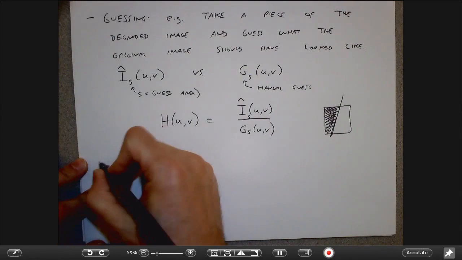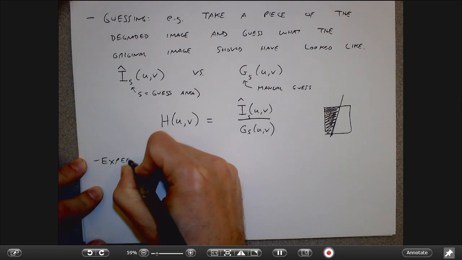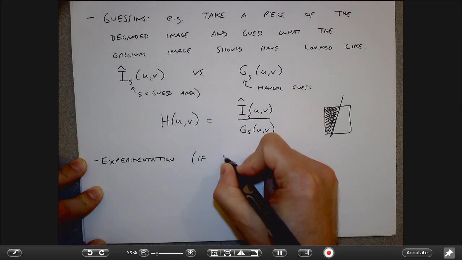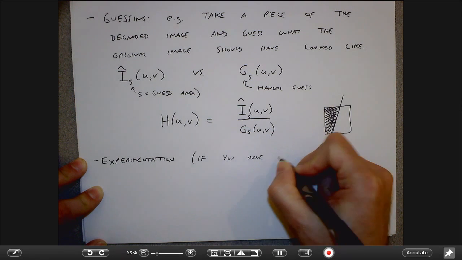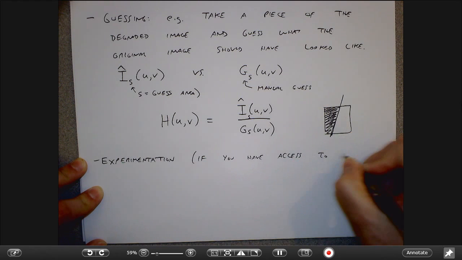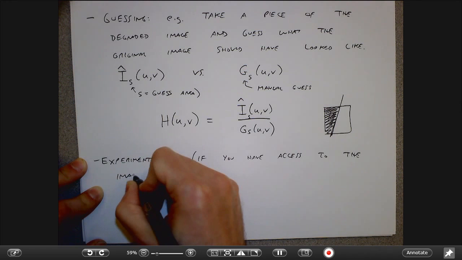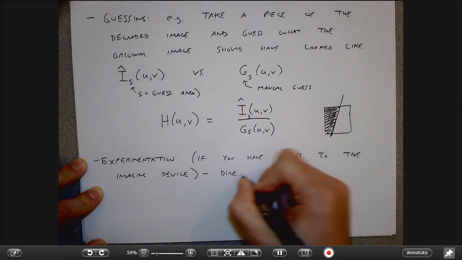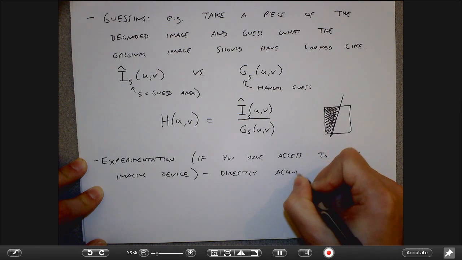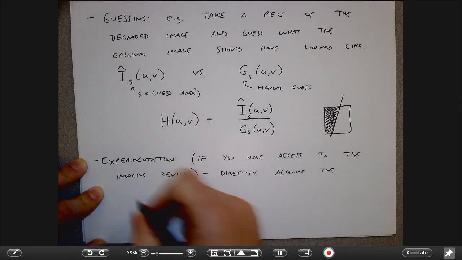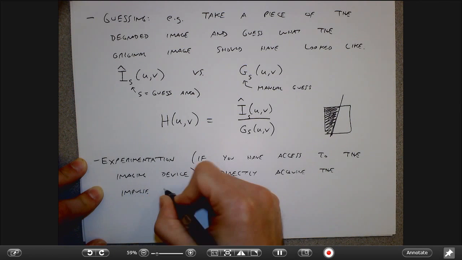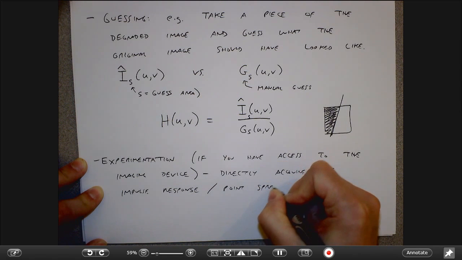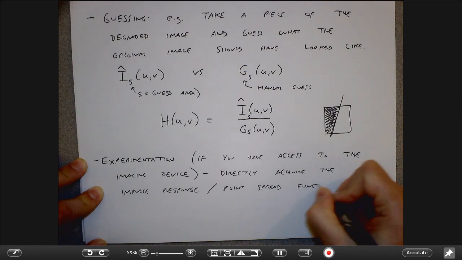A better thing to do, obviously, is experimentation. And this is if you have access to the imaging device, which is along the lines of directly acquiring the impulse response or the point spread function.